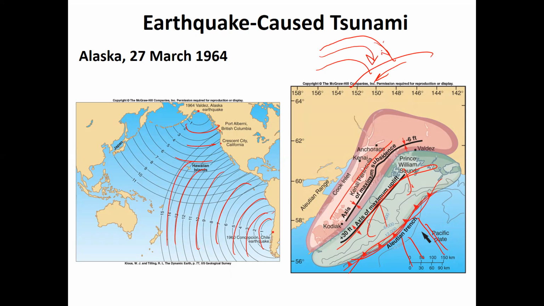So this region was bending down, and this region was being pushed up. Whenever it slipped, it returned to its original shape, which resulted in this side moving up and this side moving down. And that large movement of the land, this side moving up and this side moving down, generated the tsunami.